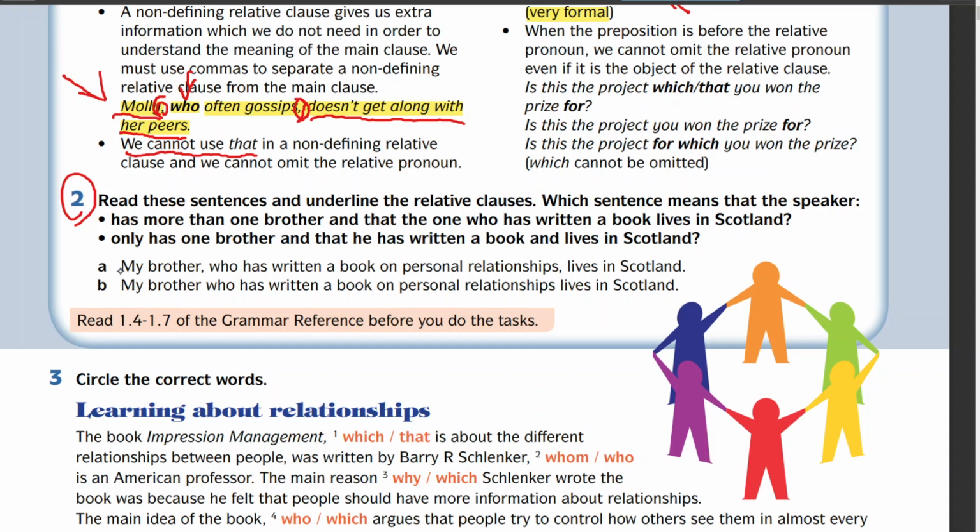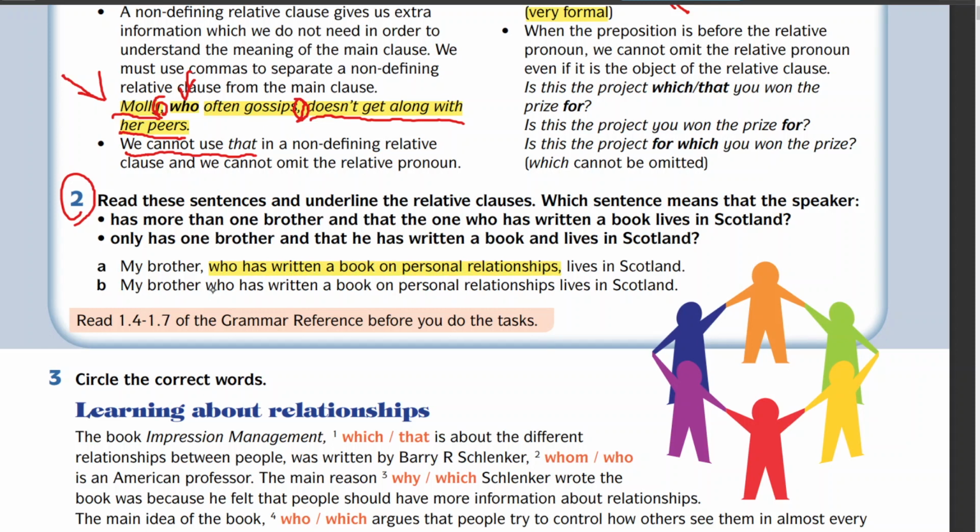So tengok ayat ni. Dua-dua ni mana relative clause dia? A, my brother who has written a book on personal relationships lives in Scotland, and B, my brother, who has written a book on personal relationships, lives in Scotland. Relative clause dia yang pertama, yang A, has written a book on personal relationship, and B is samalah. Apa perbezaan kedua-dua ni? Adalah comma, right? This one has a comma, the other one does not.